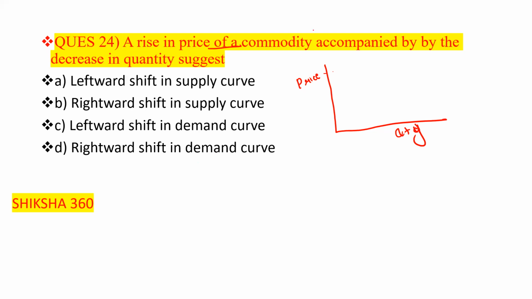A rise in the price of the commodity accompanied by a decrease in the quantity causes a leftward shift in the supply curve. Hope it is clear to all of you. Option A is the correct answer.